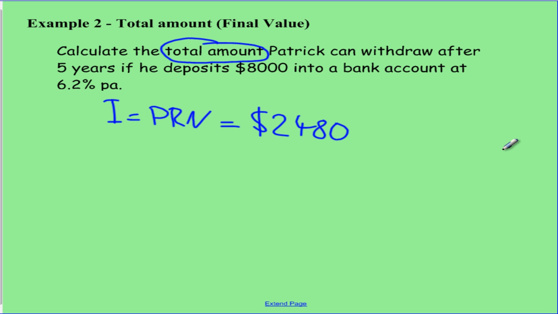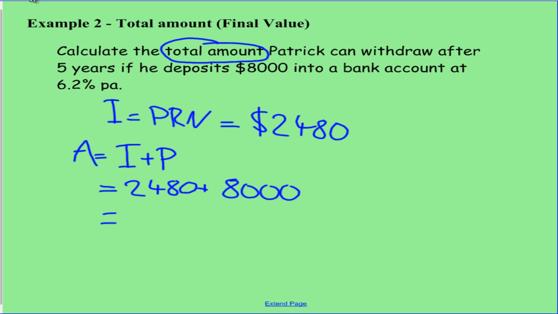What we need to know now is that the amount is equal to the interest plus the original amount, or the principal value. So the interest was $2,480 plus our original amount we deposited of the $8,000. It's going to give us $10,480. Now what this means is when you deposit money into a bank account, you don't lose that money you originally put in there.